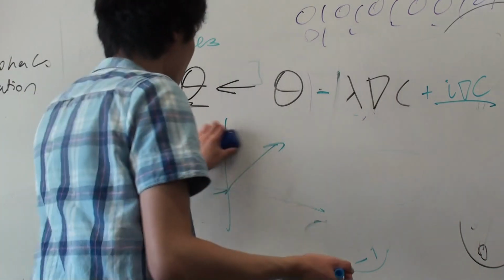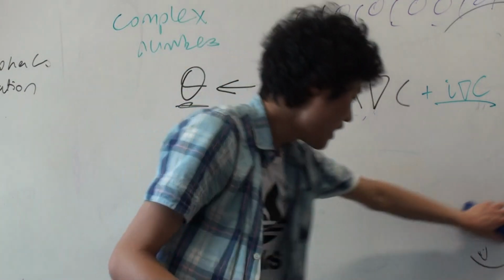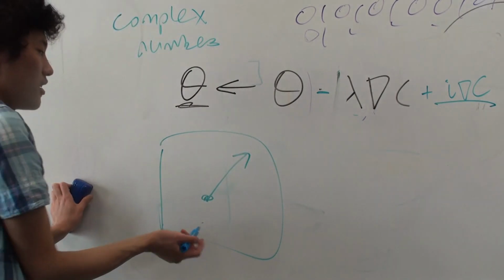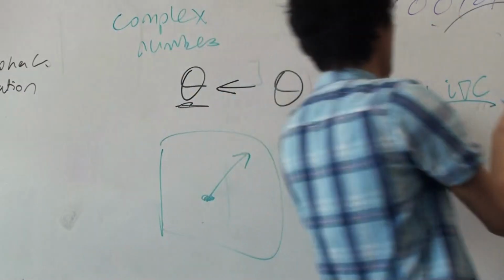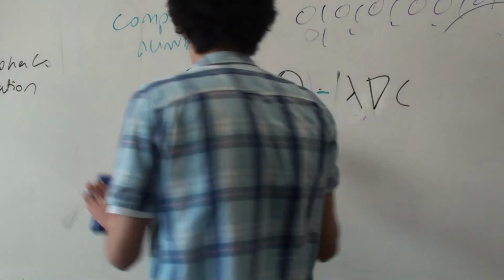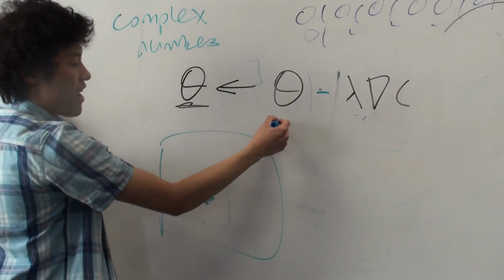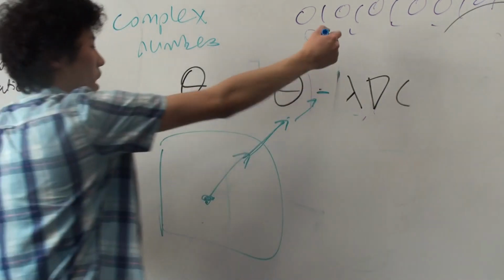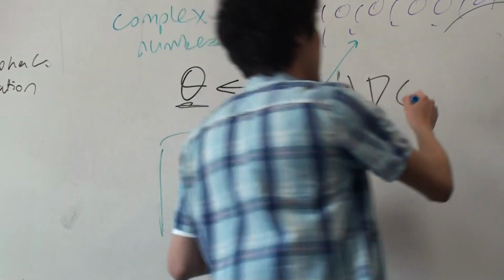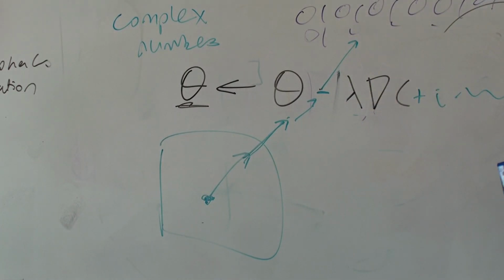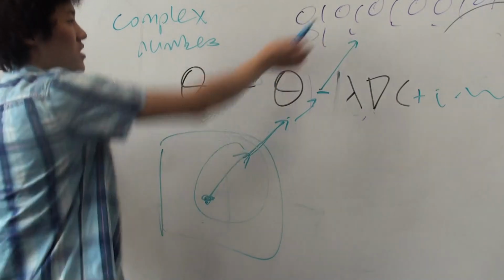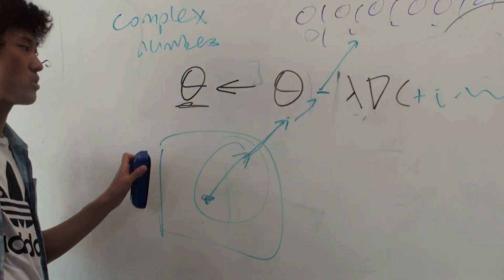If I'm learning some data that's a vector from here to here, the system can learn it without complex numbers, but it doesn't actually tell you where the arrow is pointing. If you use complex numbers, plus i something, you can actually work out where this arrow is pointing to. So that's what complex numbers are used for.